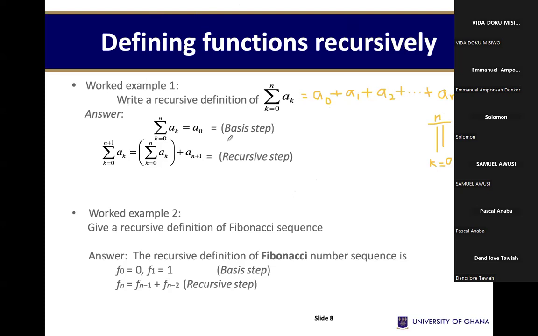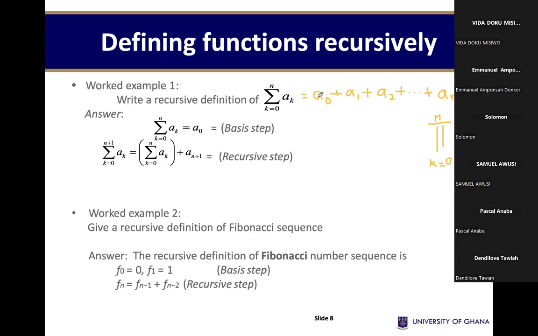Now let's come back here to the basis step. We know that the basis step here will be A0. So the initial value, which is the basis step at 0, is the summation of AK, K starting from 0 to N, being the same as A0. Now we can increment it.